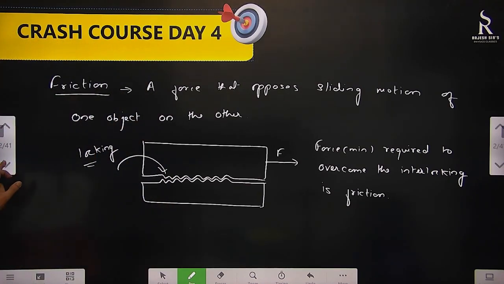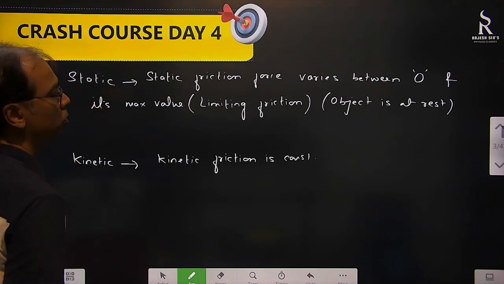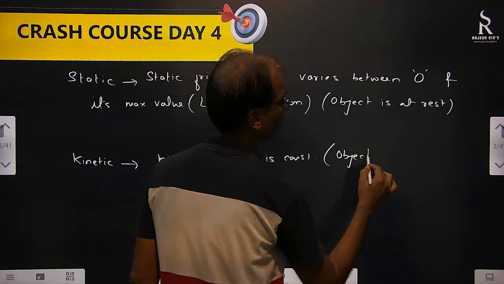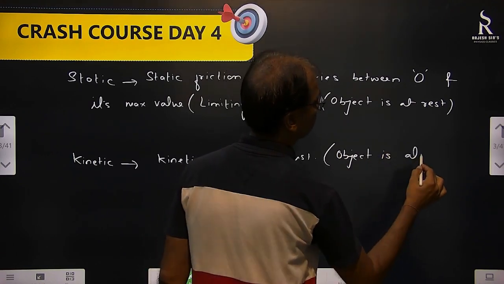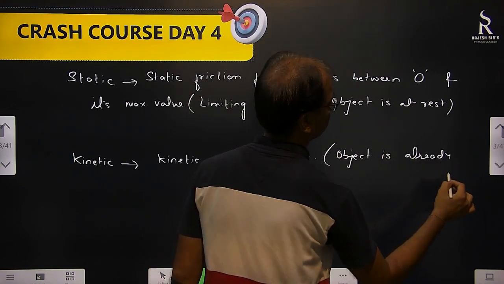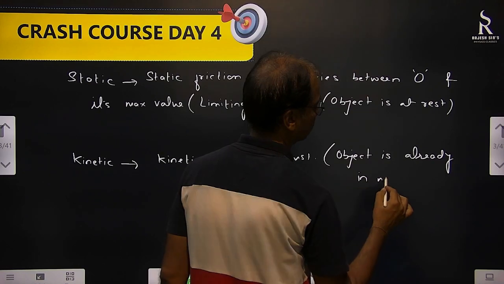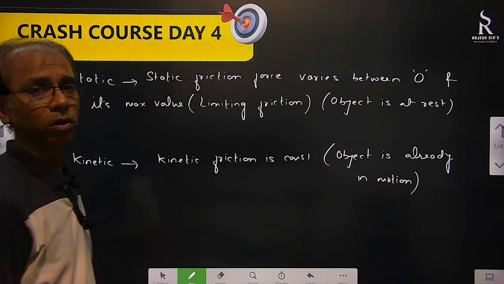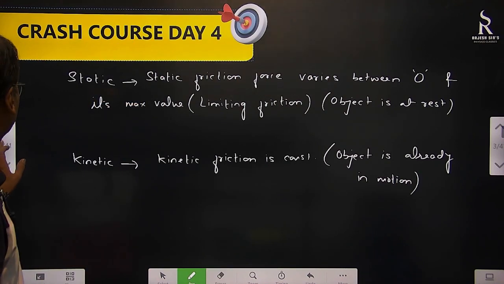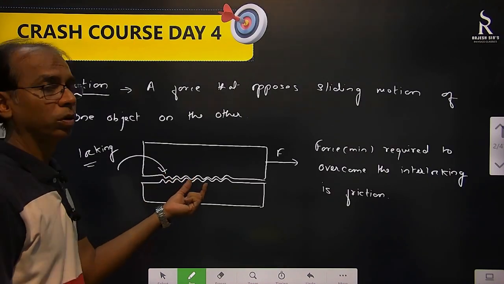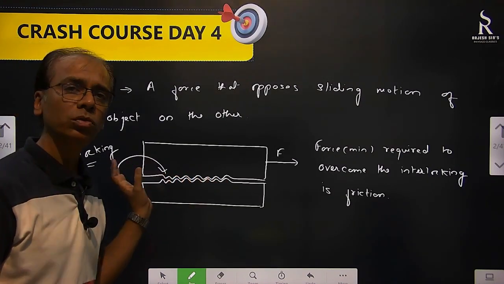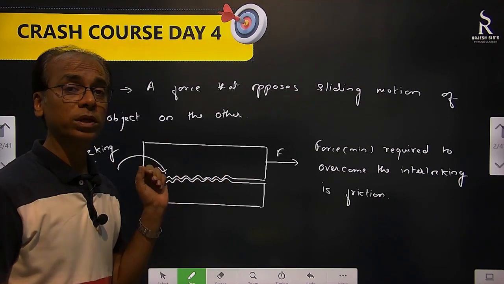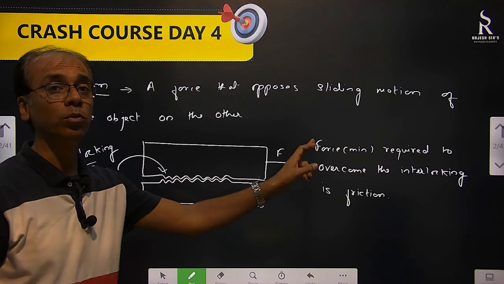Okay. Kinetic means what? When we are talking about kinetic, it means the object is already in motion. So when the object is already in motion, we know that the locking or interlocking will not be proper. So the force required to move this will obviously be less than what is required to start the motion.